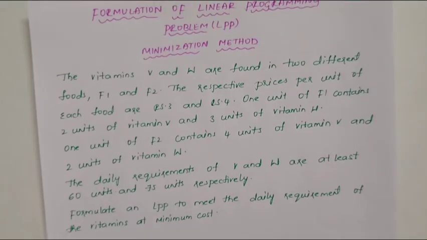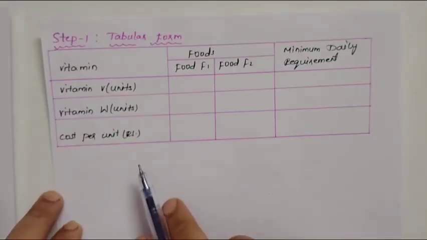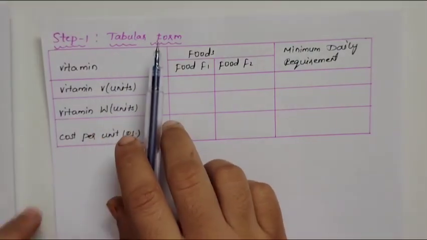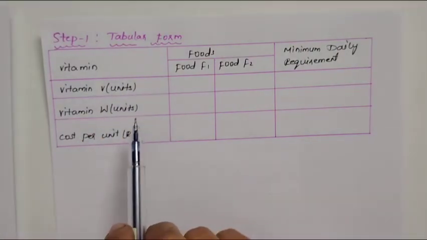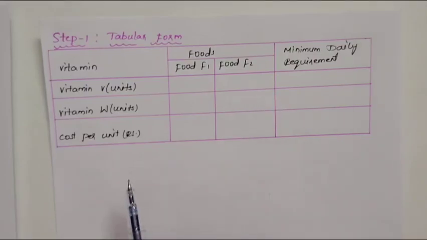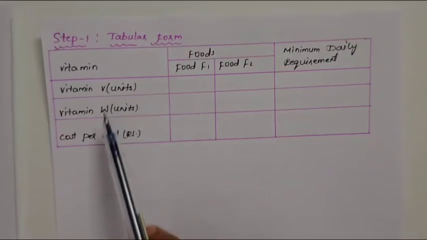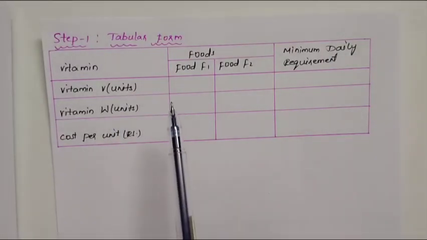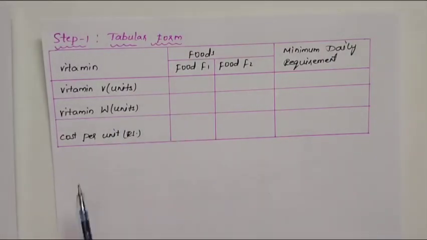Now, let's formulate the problem step by step. Let's start with Step 1, that is the tabular form. As you can see, the table summarizes all the information clearly. It shows the number of vitamin units available in each food, the daily vitamin requirement and the cost per unit of each food.